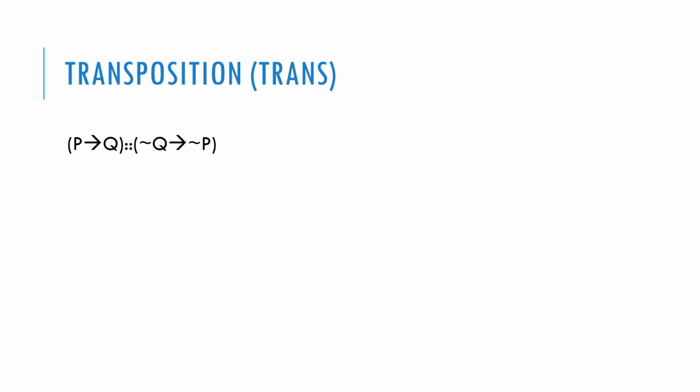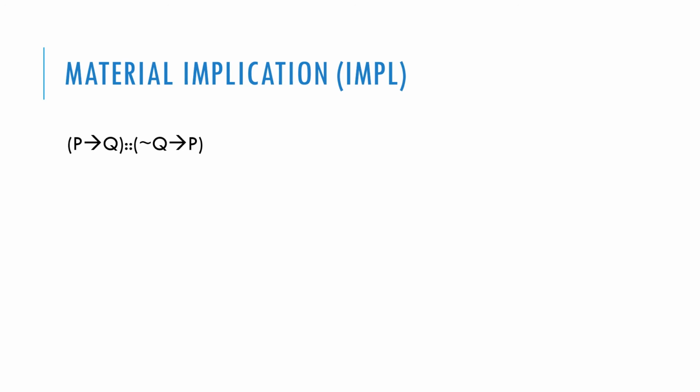Transposition is essentially that if I were to say if P then Q, it would logically mean the same as if not Q, then not P. We can see how this may work by referencing back the modus tollens rule. But again, these two propositional forms are equivalent. Just like with material implication, these two forms are equivalent: if P then Q, and not P or Q.